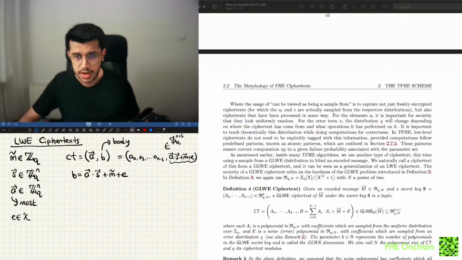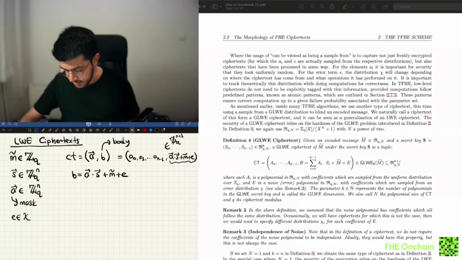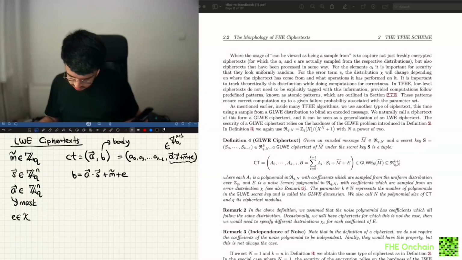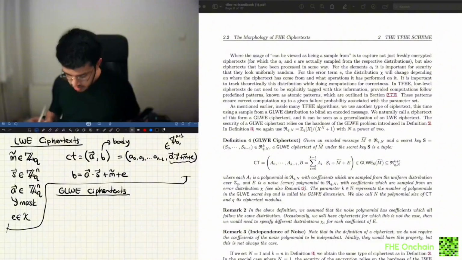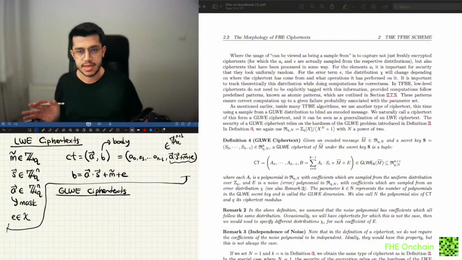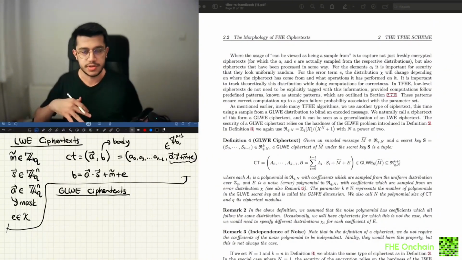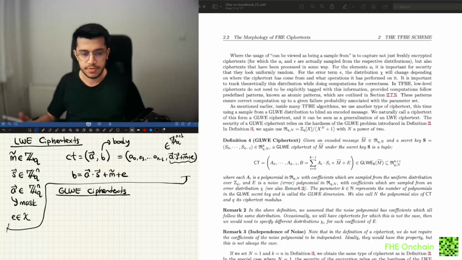Let's go for the GLWE ciphertexts. The idea is the same, but the mathematical structure is different. Instead of using a vector of numbers, we're going to use a vector of polynomials, just as I mentioned a couple of minutes before.